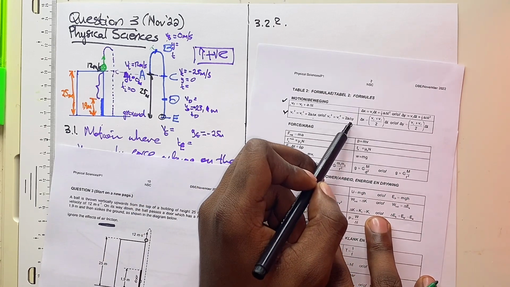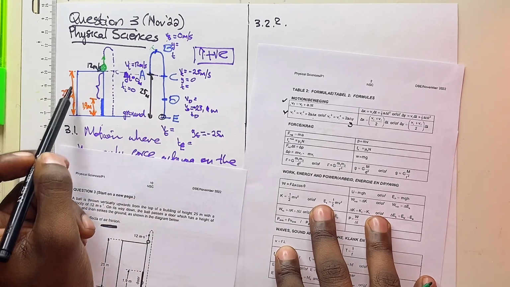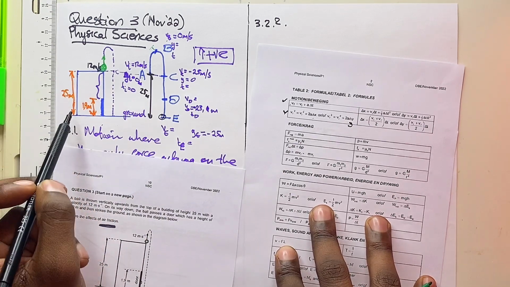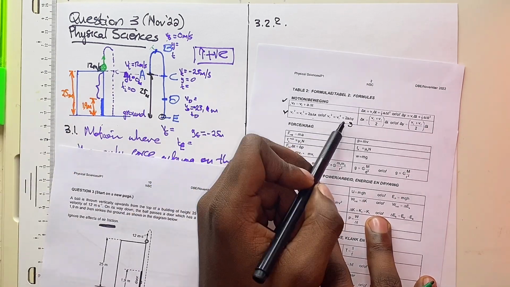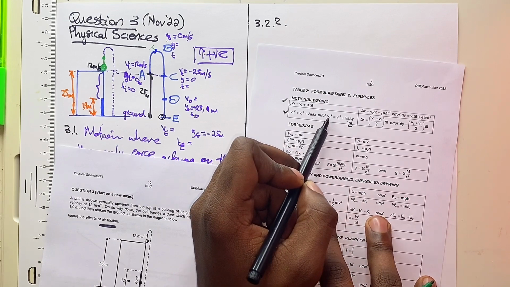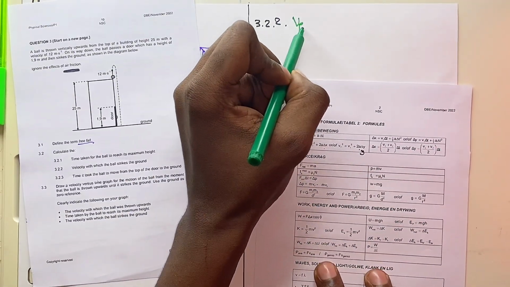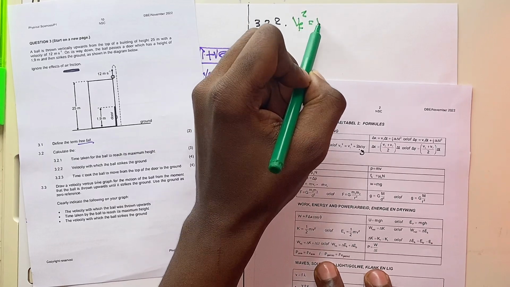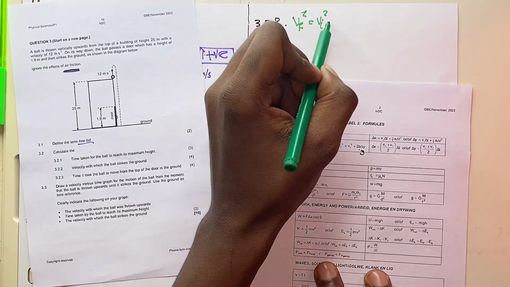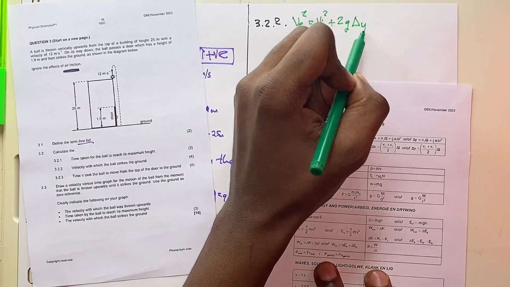Now, what is that height between A and E? We know that the height is 25 meters. So we have the height, the acceleration, the initial. Therefore, we can calculate the final velocity. Our equation is Vf squared equals Vi squared plus 2g delta y.